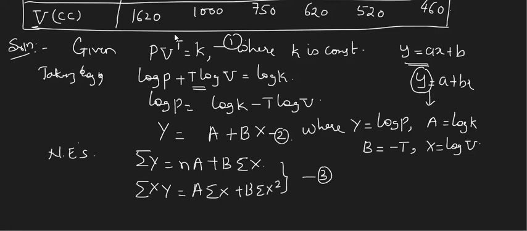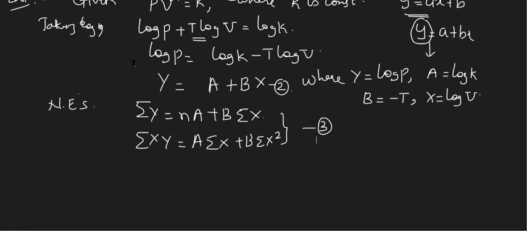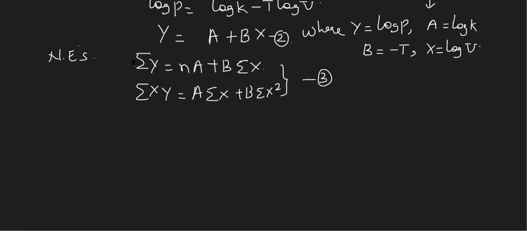Equation 3. Now prepare a tabular form. You can just start with capital X. What is capital X? It is log of v. What is capital Y? Capital Y is log of p. Then we want to calculate xy and x square.